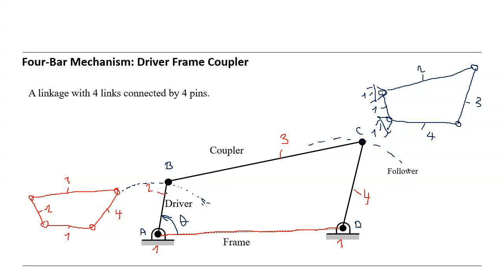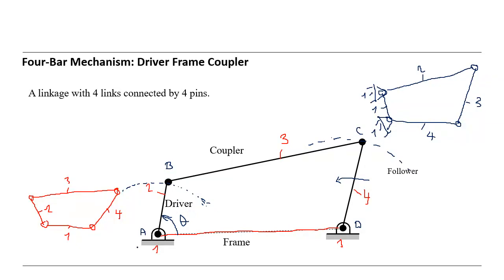And if we start to drive the mechanism in that direction, the coupler couples the points B and C, and the follower has to follow, I mean, goes in that direction. In many applications, the driver is a crank.